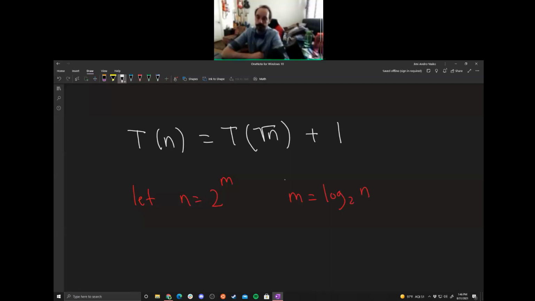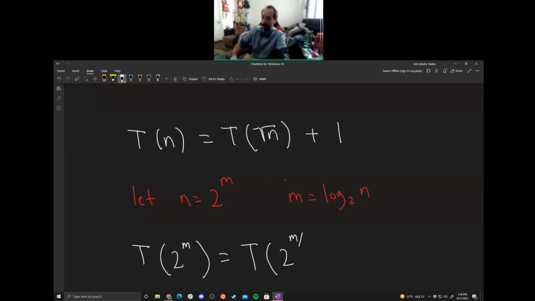We're going to set n equal 2 to the power m, whatever that is. So we substitute: T of 2 to the power m equals T of 2 to the power m over 2, plus 1. So we just substitute 2 to the m in there.